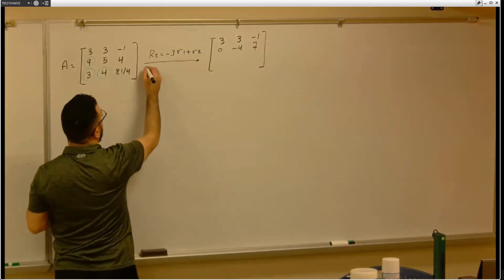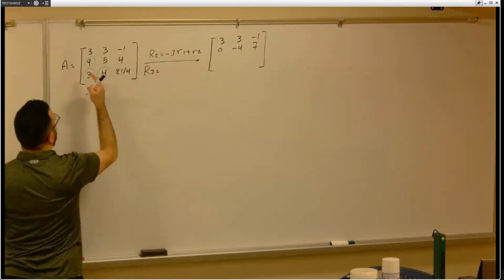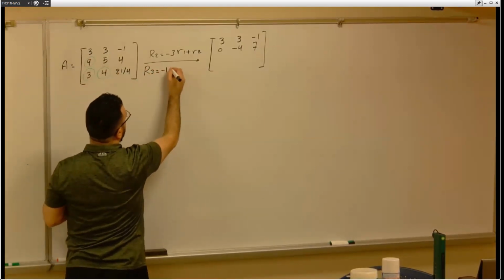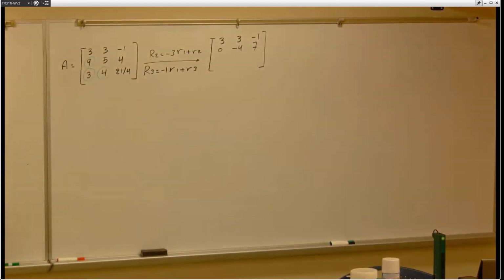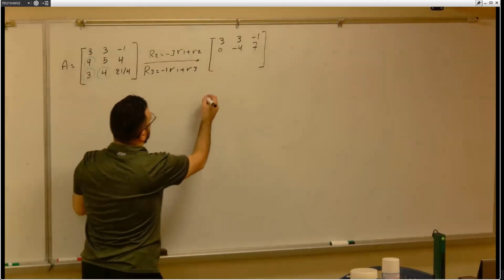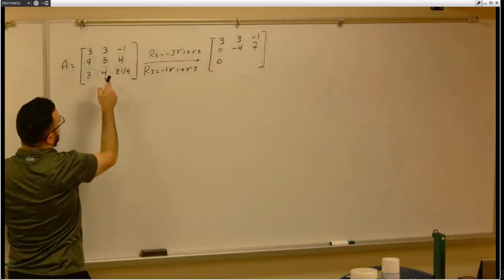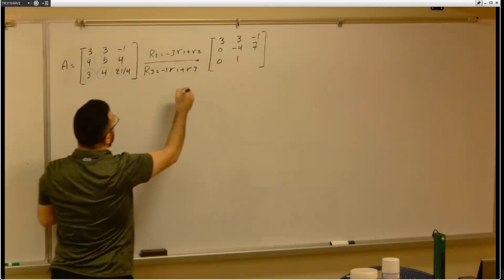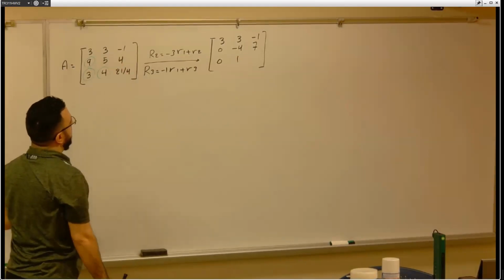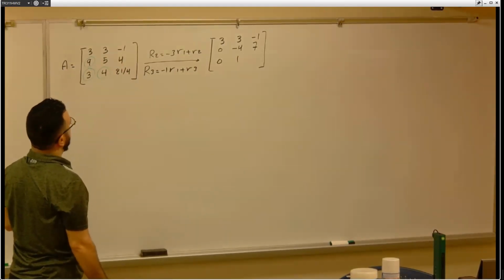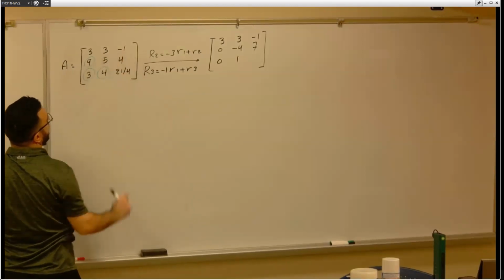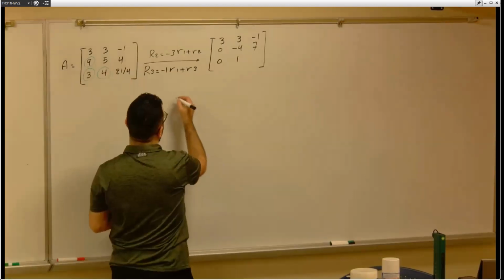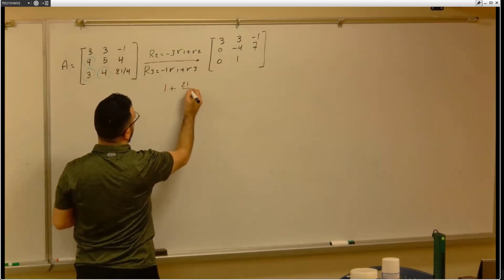So R3 is going to be: multiply R1 by -1 and add it to R3. Now, -1 times 3 is -3, plus 3 is 0. -1 times 3 is -3, plus 4 is 1. Then -1 times -1 is 1, plus 21 over 4.